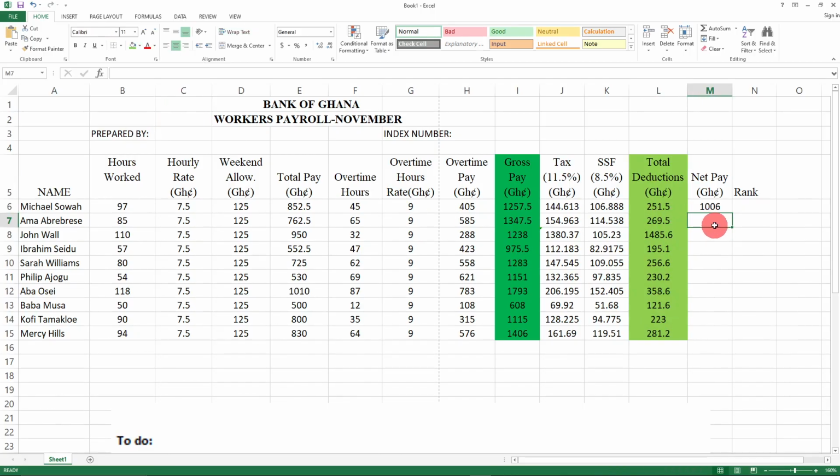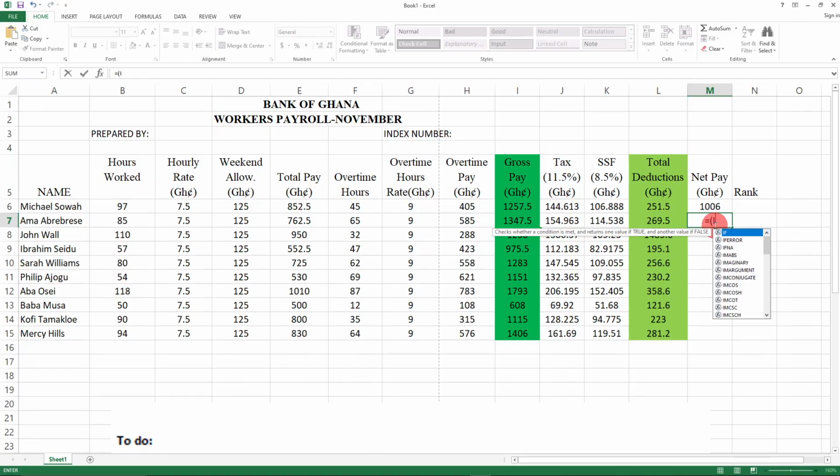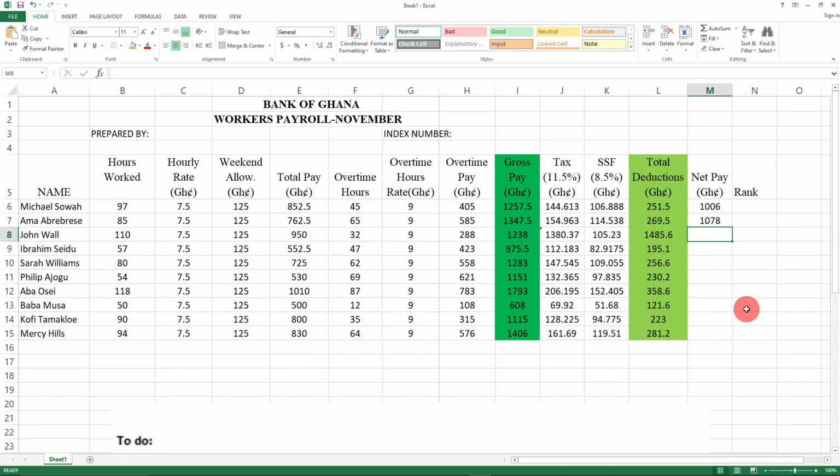Amma is I7, so 1,347.5 minus 269.5. So I7 minus L7. Okay, so Amma will be going home with 1,076.